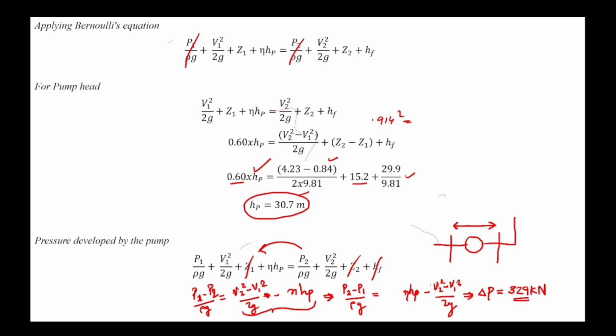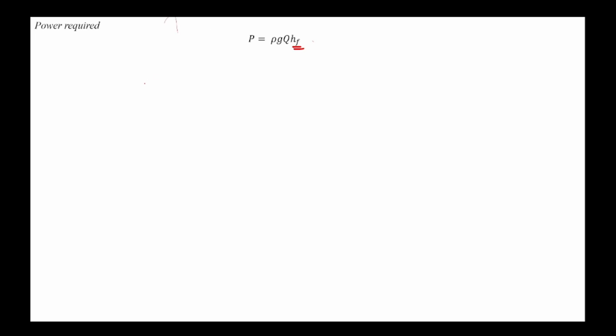Okay, now the power required by the pump. Power required by the pump is equal to rho g Q HF, where HF is the pump head. Okay, so power required will be equal to rho 1840 into 10 or 9.81 into Q. Q will be area into velocity.